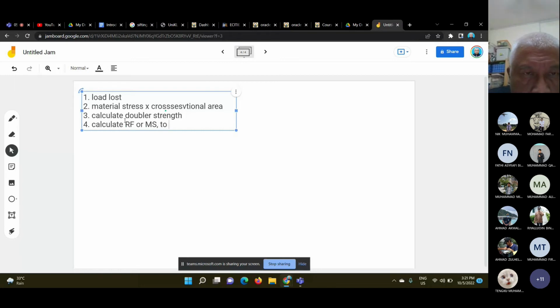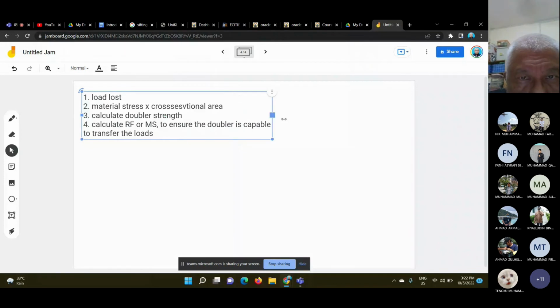To ensure the doubler is capable to transfer loads.